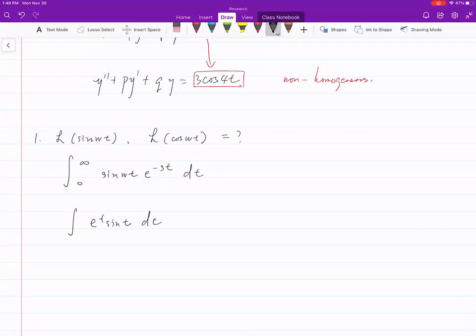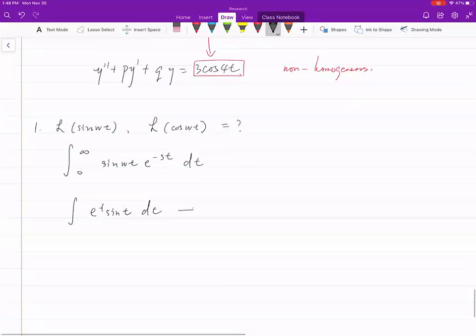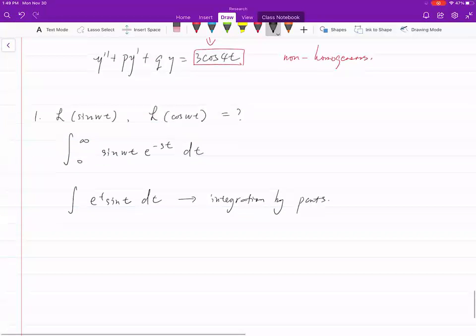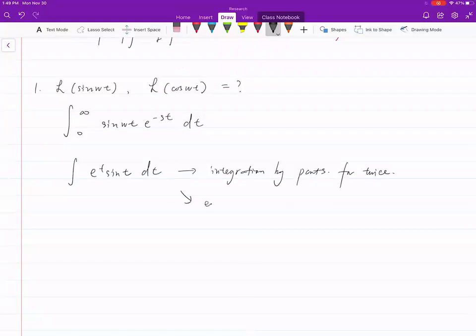So it's going to be doable. I don't want to spend time in class doing this, so you can go online and see how to do it. It's pretty, I won't say easy, but straightforward. You will be able to do it twice. Then you are going to have some hard to handle ending points because this time you have 0 and infinity, so just be careful. So that's certainly one way to do it. It's just not easy.